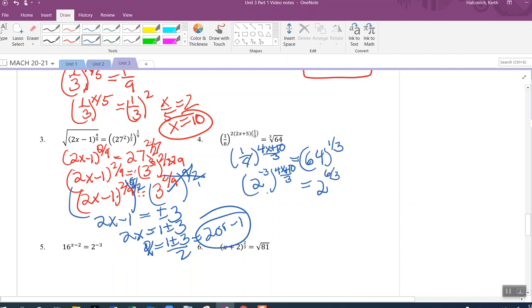So basically you cancel and you distribute the negative, so it's 2 to the negative 4x minus 10 equals 2 squared. So negative 4x minus 10 equals 2. Negative 4x equals 12. X equals negative 3.